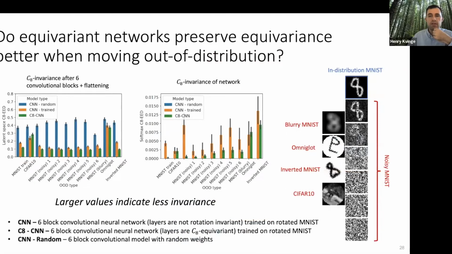We also looked at out of distribution data. So I told you before, these are trained on MNIST images, which are images of a bunch of digits. And you can see here that we got a lot of different versions of this.